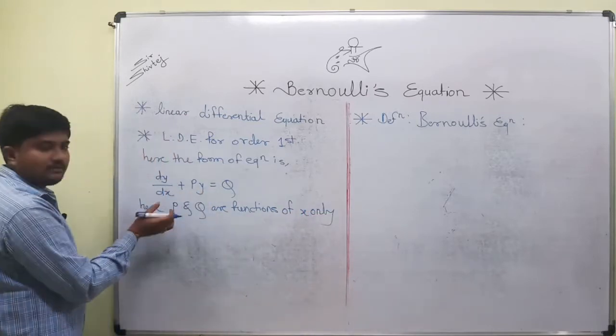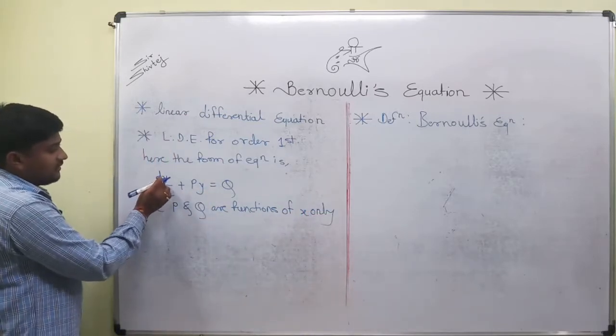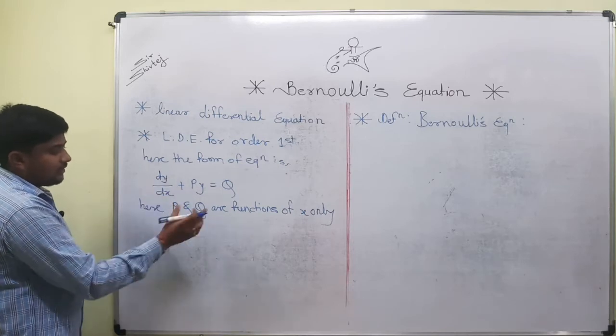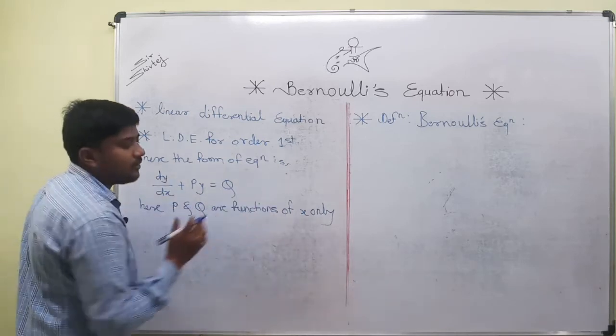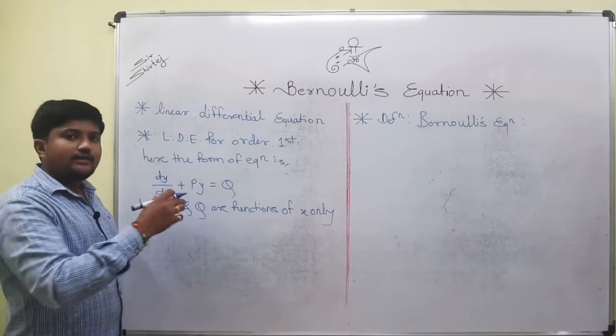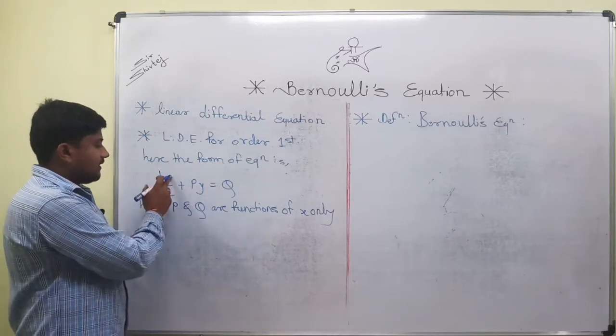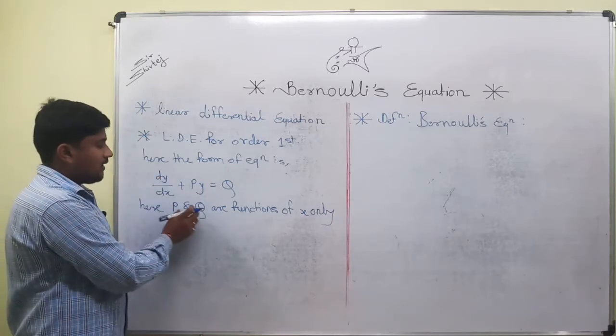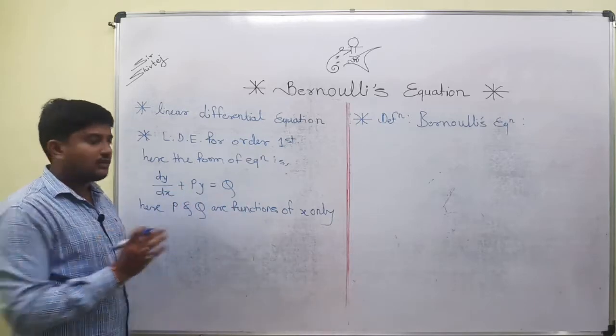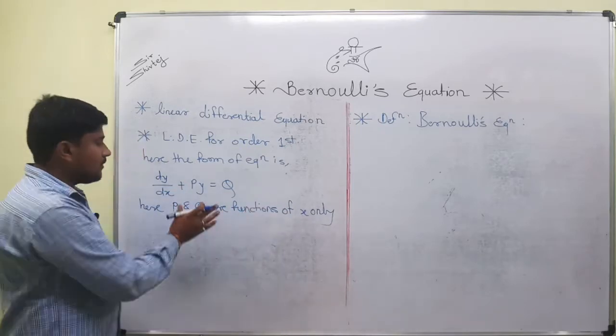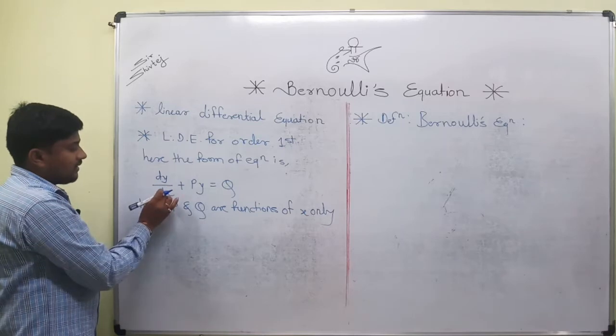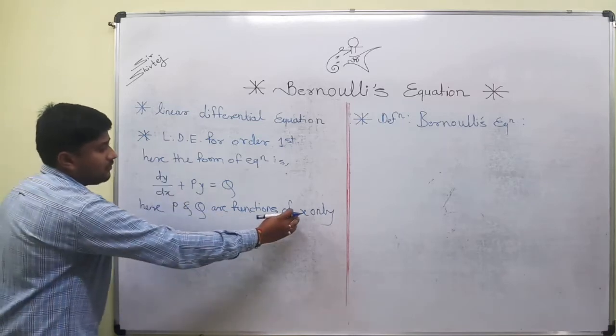In that equation we take the derivative of y with respect to x, therefore P and Q are functions of x only. Otherwise here we would take y, but today we see dy by dx only, related to x.